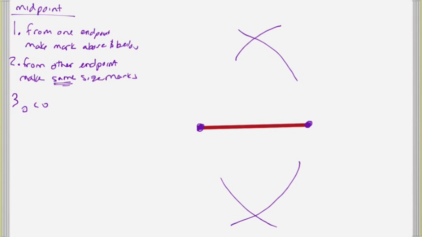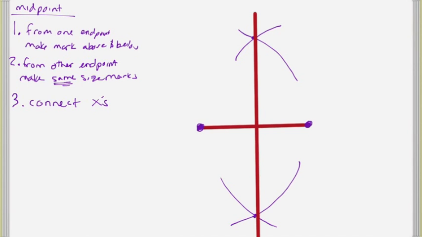Then, our last step here is going to be to connect those x's. So where we get x's is a good place to put a point. I'm going to connect them together.